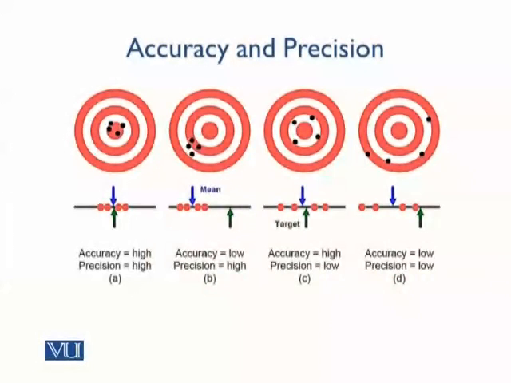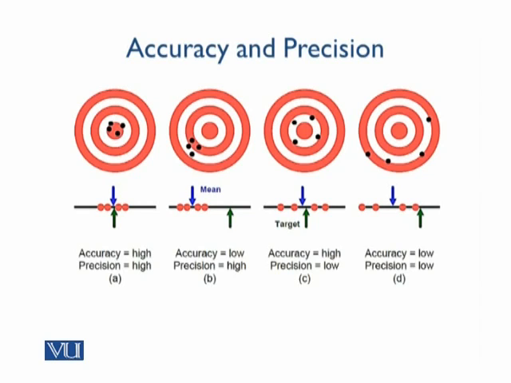For this, we would refer to the figure on the slide now. You can see 4 subgraphs, with which we would explain the idea of accuracy versus precision. If you see the subgraph on the left hand side, you would see that all the values are close to the bullseye.